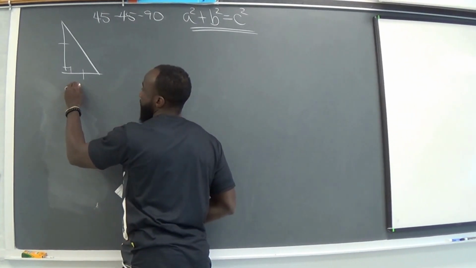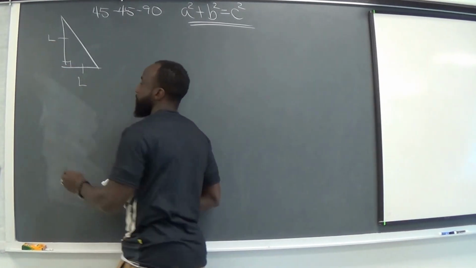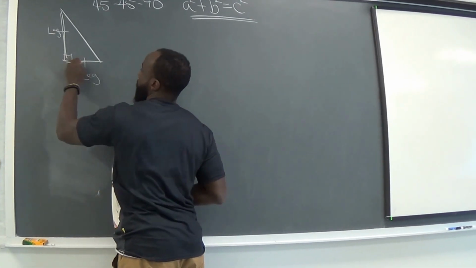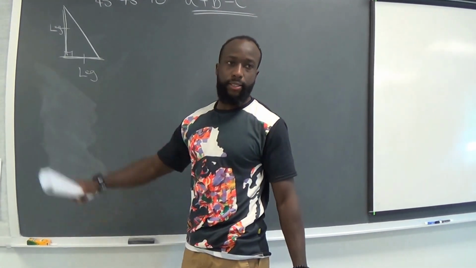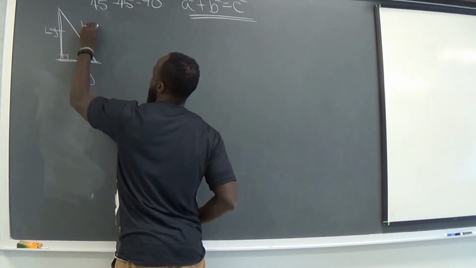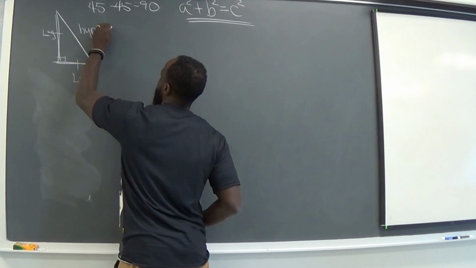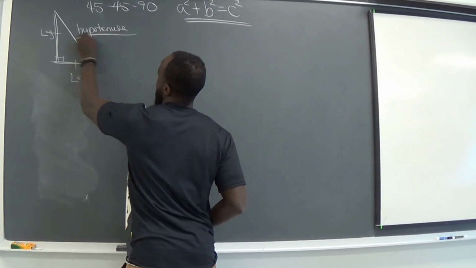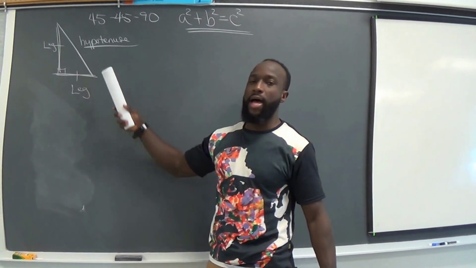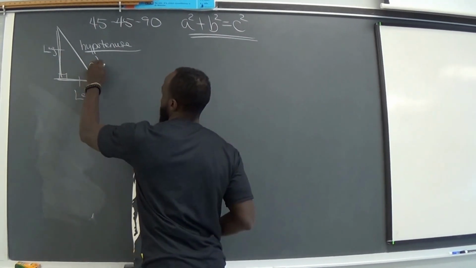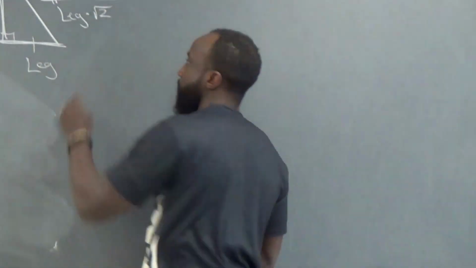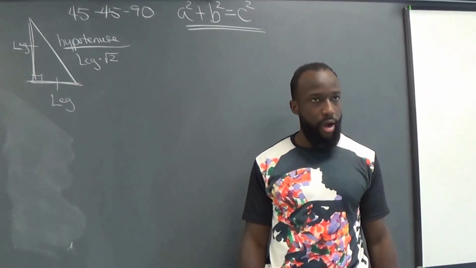We know that the sides of the triangle that make up the right angle are called the legs, and the longest side is called the hypotenuse. The measure of the hypotenuse is always going to be the measure of the leg times the square root of 2. All the time.